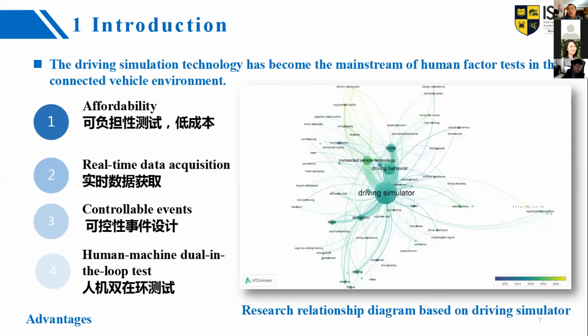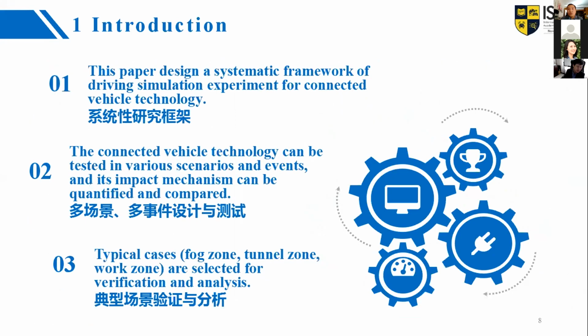So we design a systematic framework of driving simulation experiments for CV technology. And the three typical cases, fog zone, tunnel zone, work zone, are selected for verification and analysis. Okay, let's go to part 2, research framework.